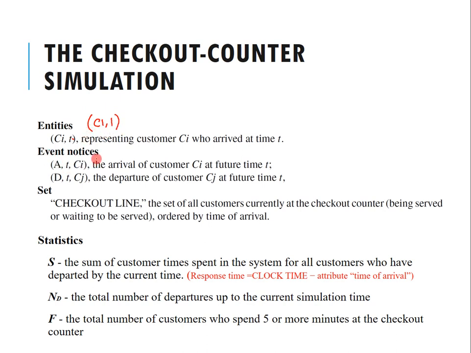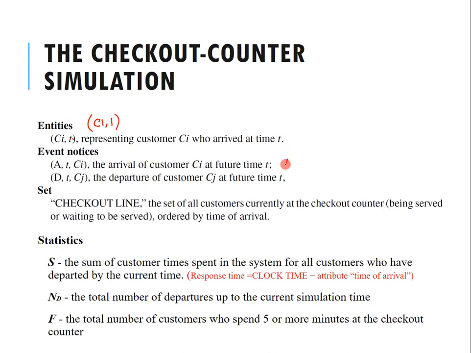Event notice is an occurrence in the system that will change the system state. So A, comma T, Ci means an arrival at time T of customer i.